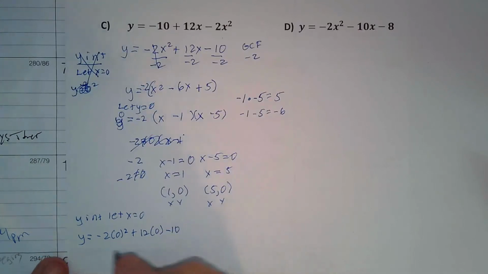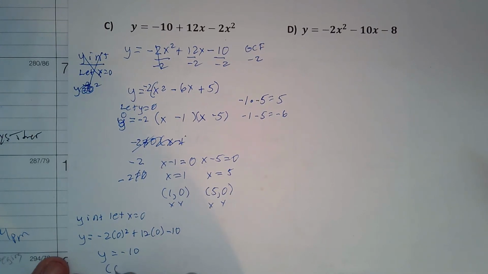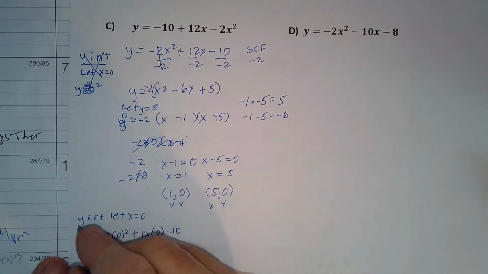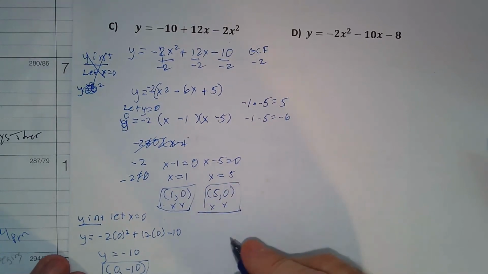And obviously all that simplifies down to y equals negative 10. So when x is 0, y is negative 10. Now I've got my y-intercept and my two x-intercepts, so I can graph this.